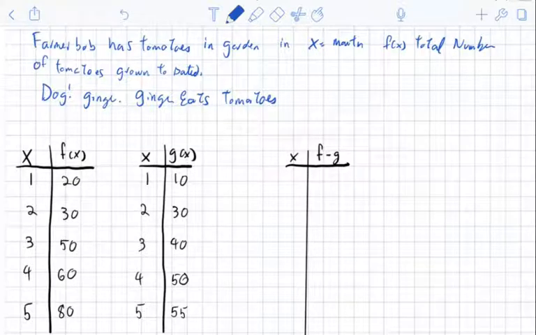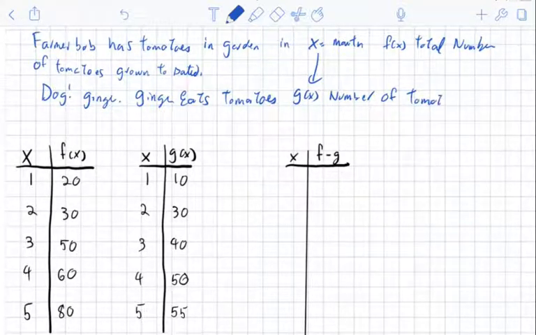And so g of x represents the number per month, in terms of the month, it's the number of tomatoes eaten to date. Okay?